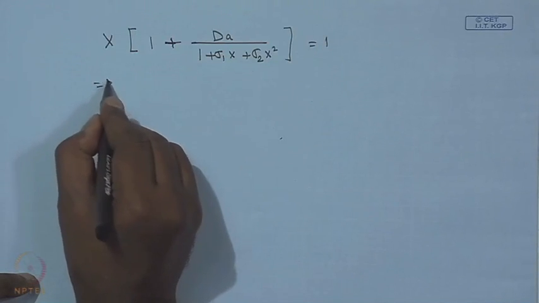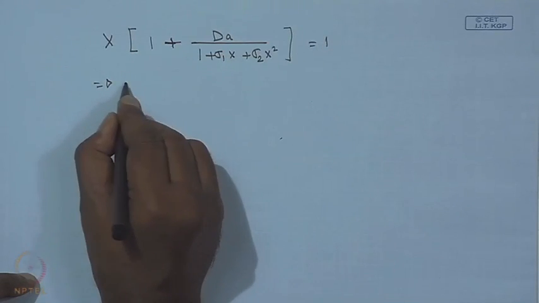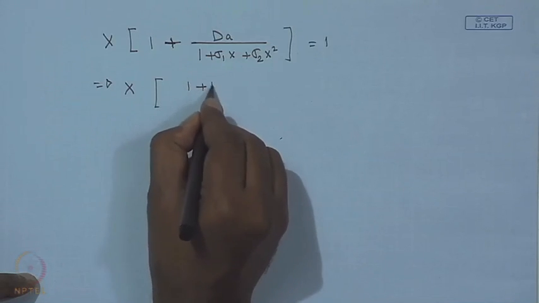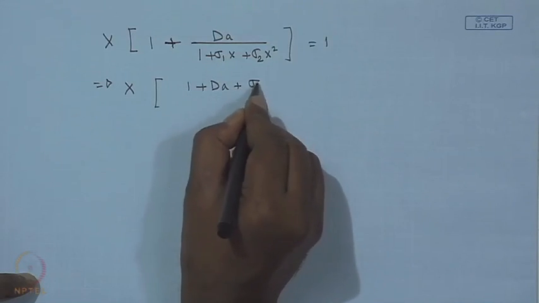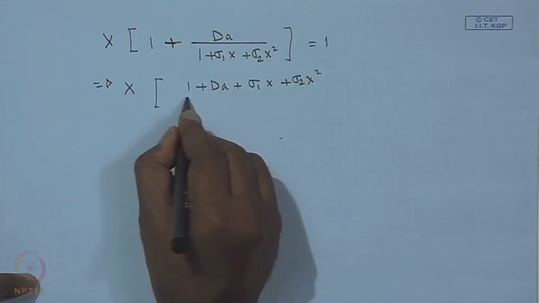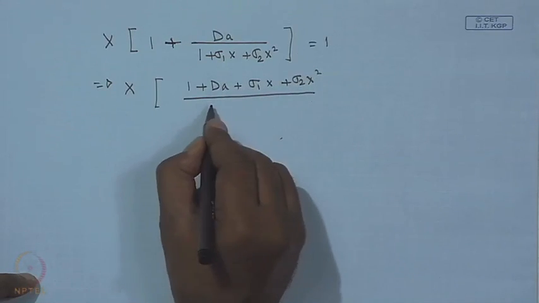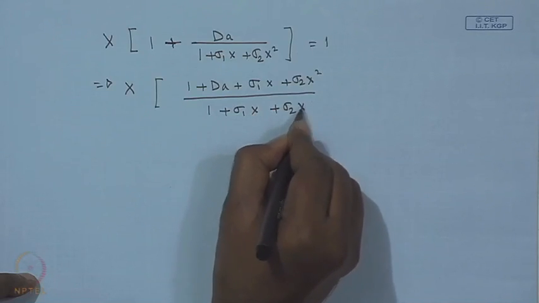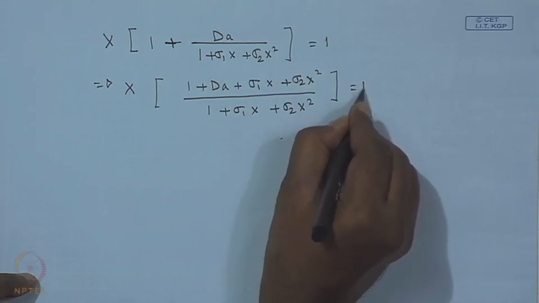So, x times 1 plus Da plus sigma 1 x plus sigma 2 x square divided by 1 plus sigma 1 x plus sigma 2 x square should be equal to 1.